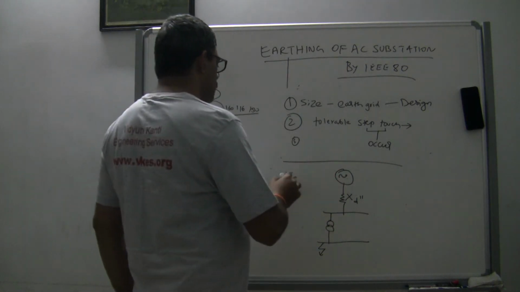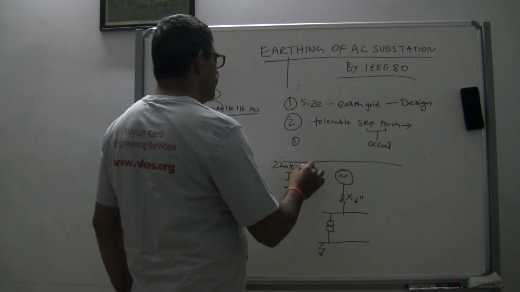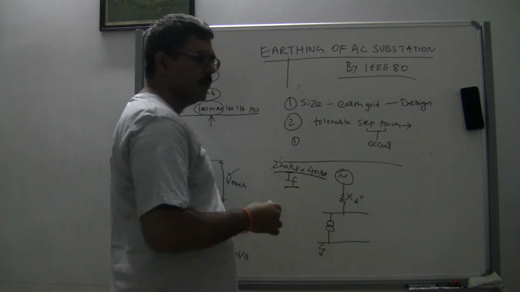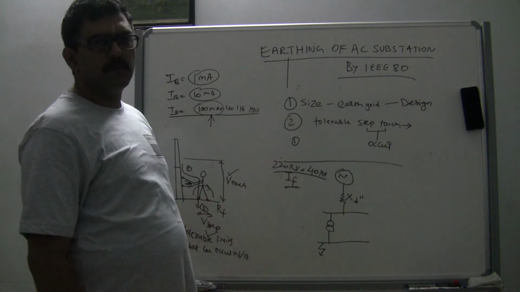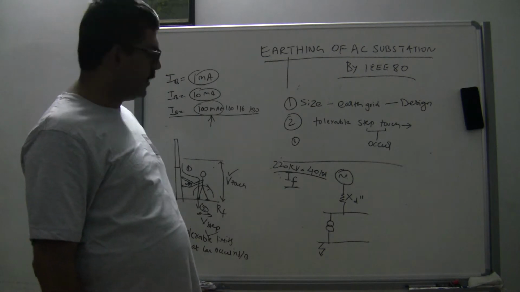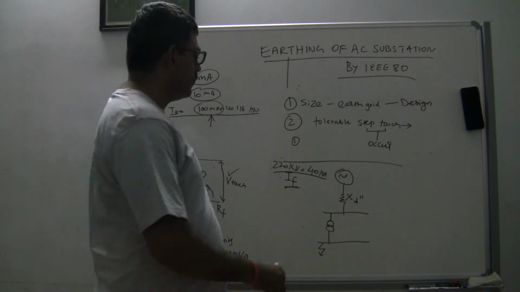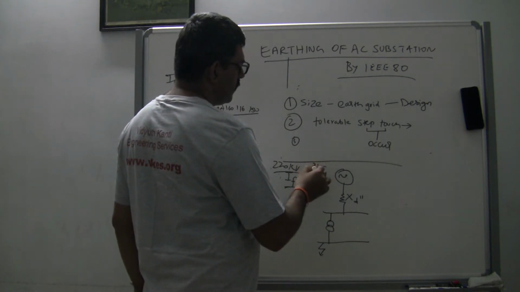Now, normally a 220 kV substation fault level will be around 40 kA. If you go to any of the planning documents, you will get this fault current. I have taken the transmission planning criteria by CEA, and as per that, the 220 kV fault level is 31.5 kA or 40 kA.